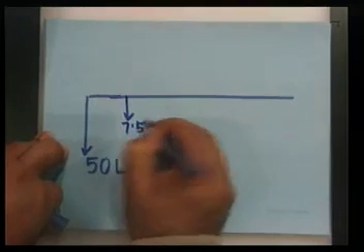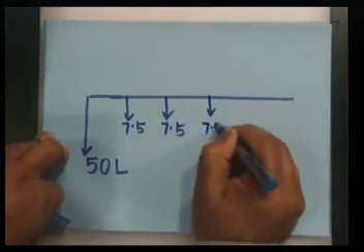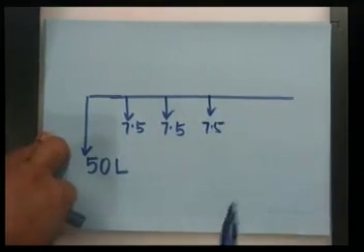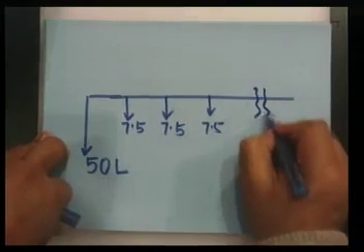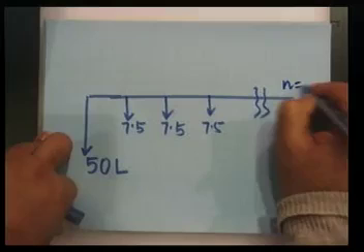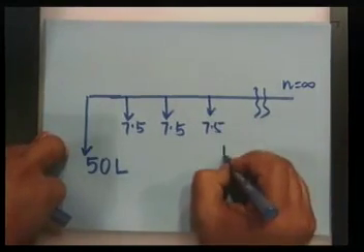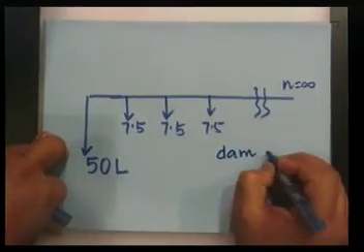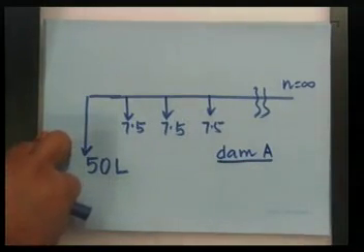So, this is 7.5, 7.5, 7.5. Now, since dam A is permanent, as well as dam B, this goes on till infinity, so n is tending to infinity. This is the cash flow of dam A.